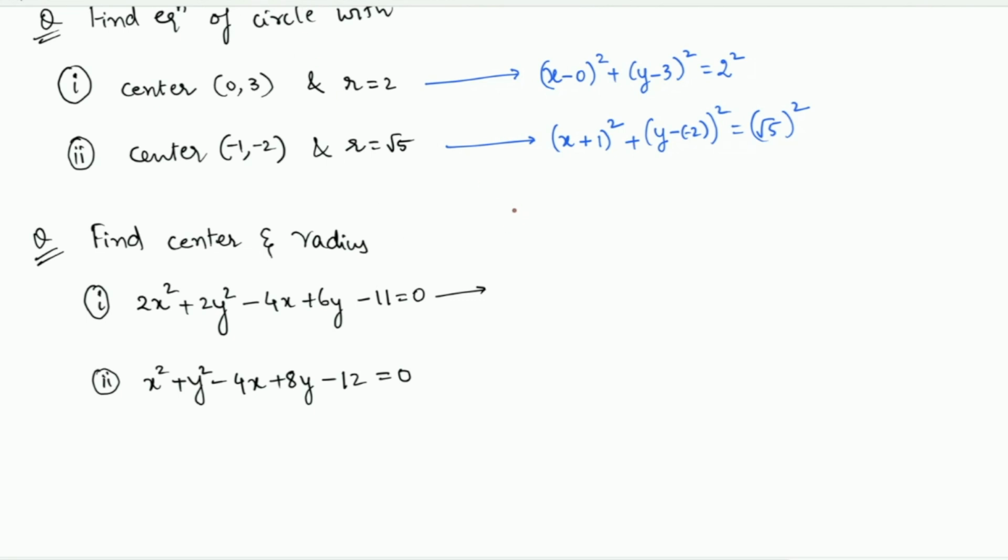Right now I only have the knowledge that every circle equation I can write in this form. So let's do this question first. I'll complete the square for x terms and I'll complete the square for y terms.